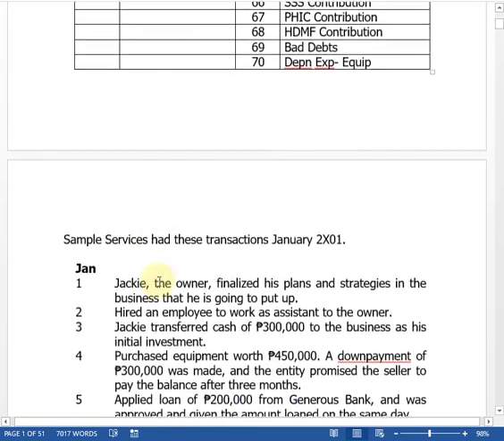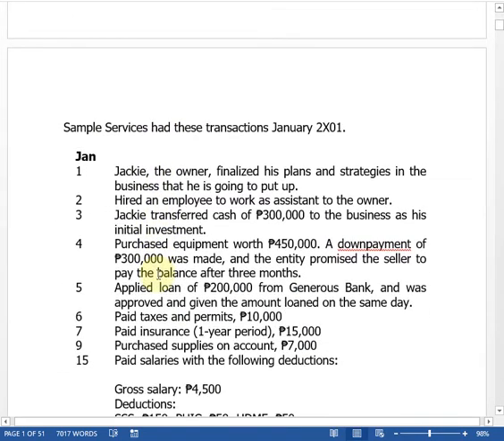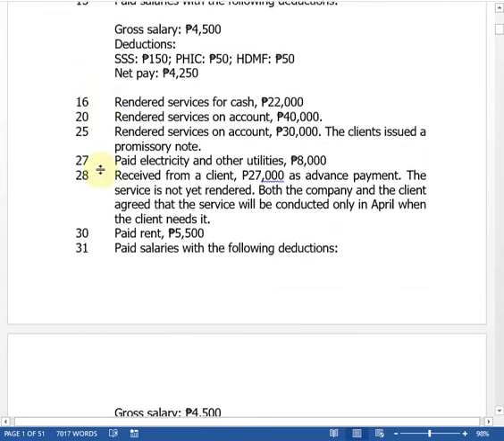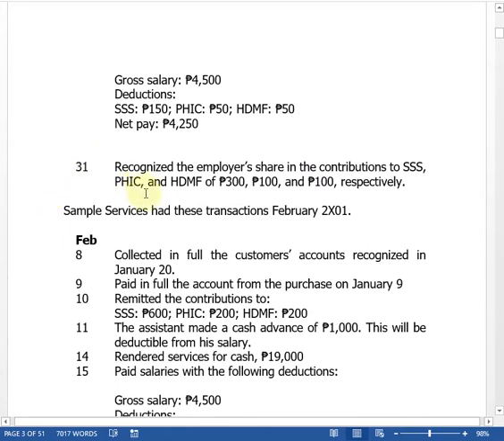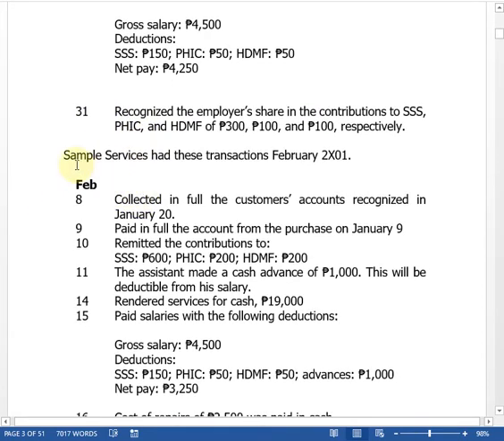Now we can proceed to our transactions so that we can begin making our journal entries when it is required on a particular transaction or event. Again, Sample Services had these transactions during January, from January 1 to January 31. This is quite a long case, and it extends up to February.